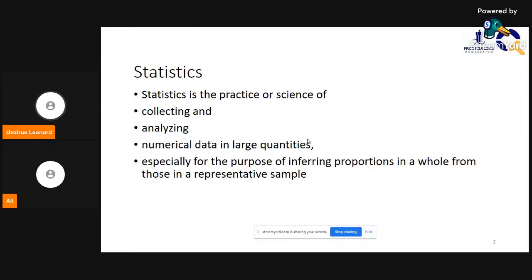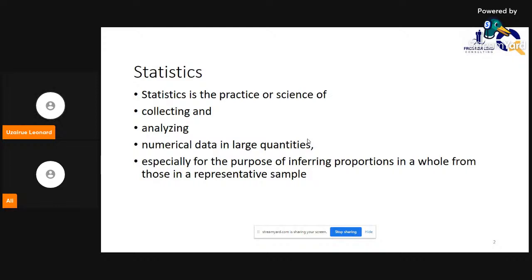So in essence, the discipline or study concerned with collecting, organizing, and analyzing data is referred to as statistics. The reason for studying statistics is to make inference from a population to be able to give an informed decision.